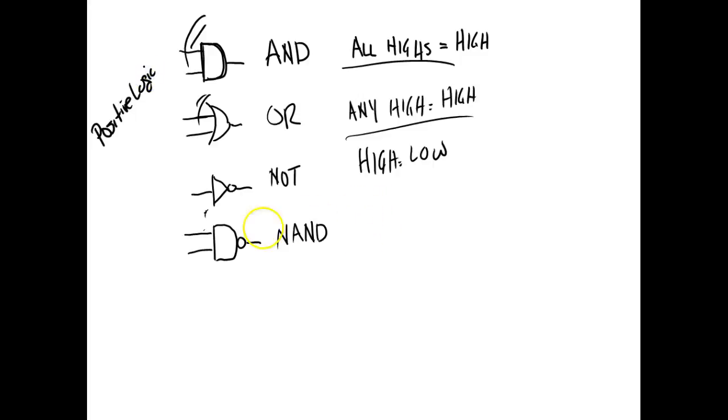What would I say about this guy? We'll say all highs equals a low. My truth table, I have 4 combinations. Oops. Yeah, nope, I missed one.